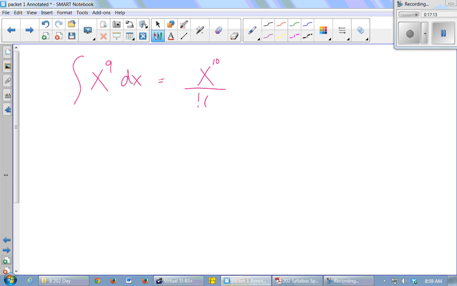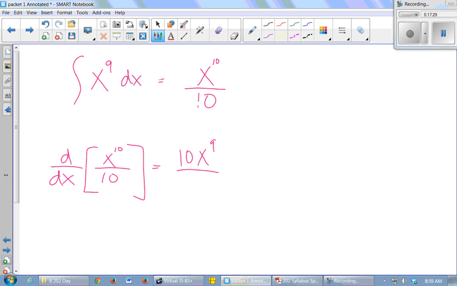So if I divide by 10, then the 10s will cancel. So if I take d dx of x to the 10 over 10, bring the 10 down, I'm going to have 10x to the 9th over 10, cancel, x to the 9th. Okay, so this is like your n plus 1, because your n was 9. Make sense?